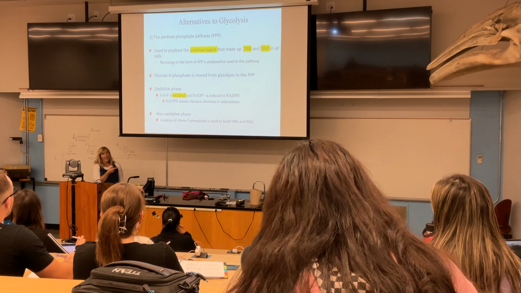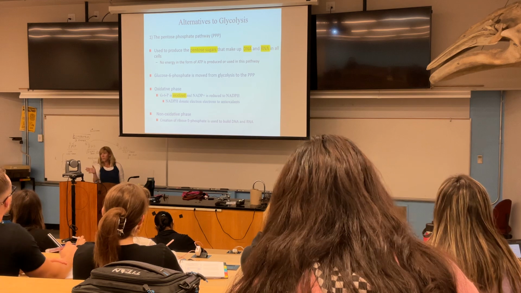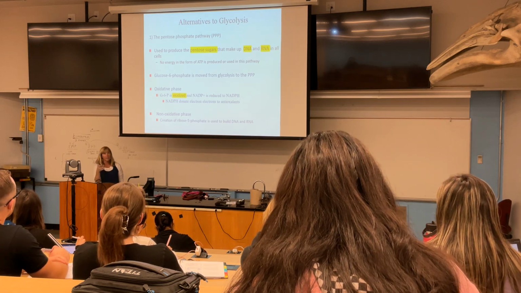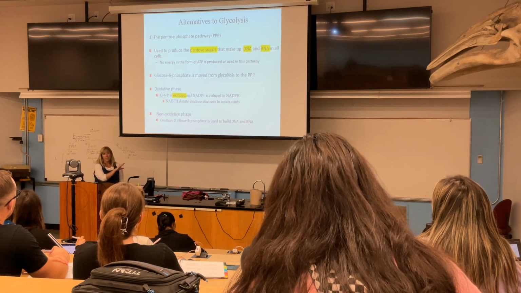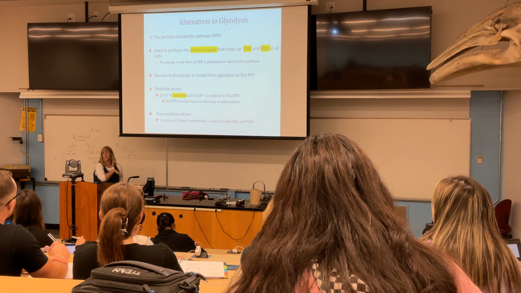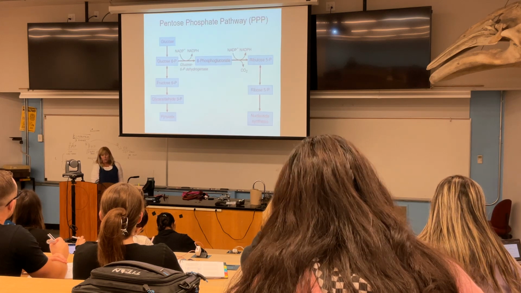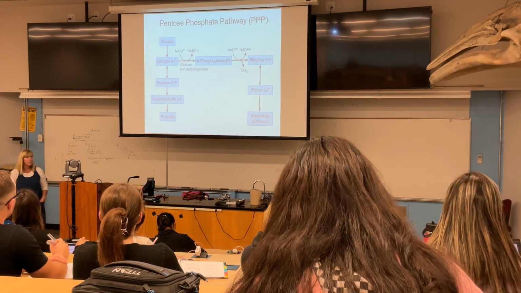Instead of NADH that's being created, we're creating NADPH. Still an Uber driver, its job is still to carry electrons elsewhere, but it's just being used in this case to help shuttle electrons to a different place. It's not necessarily going to the electron transport chain. So if we look at this pathway, we start our dance like normal.